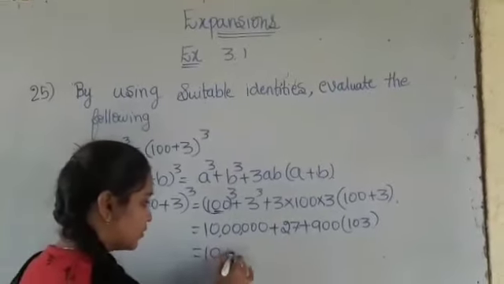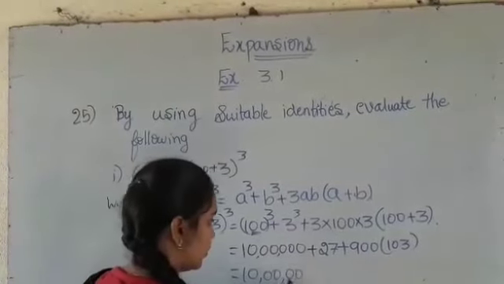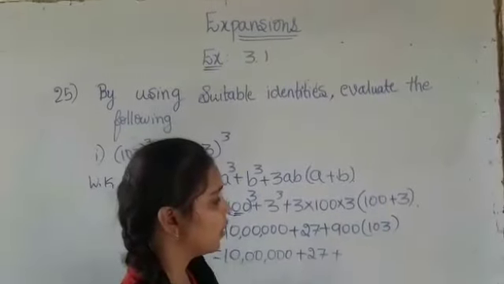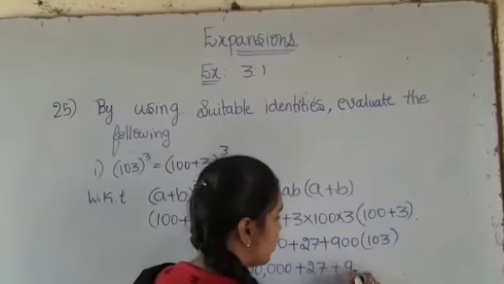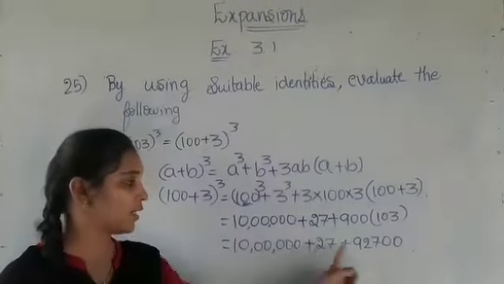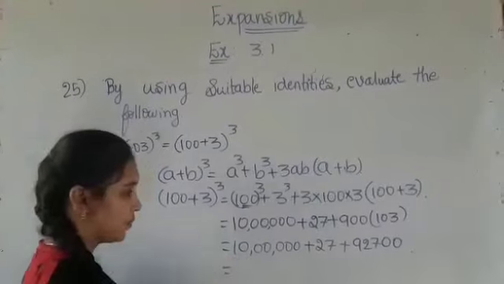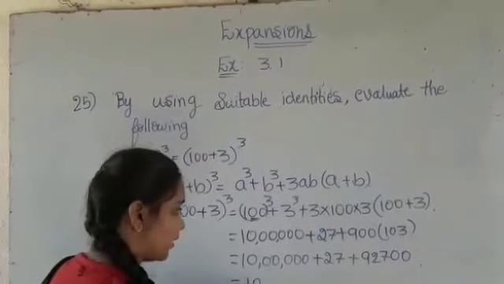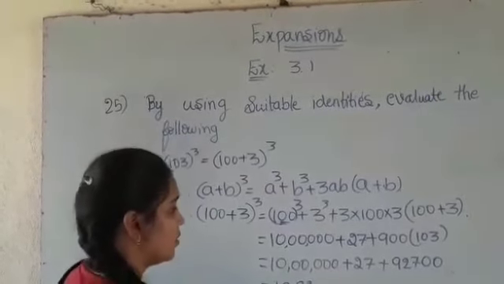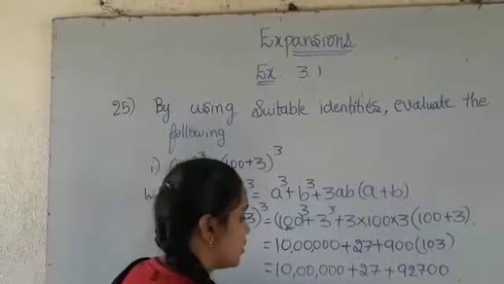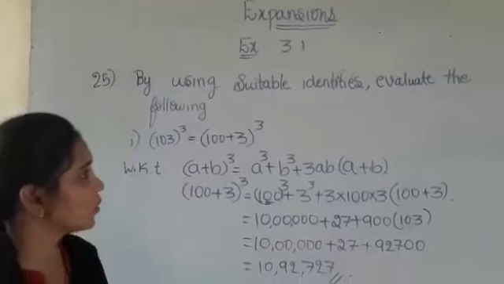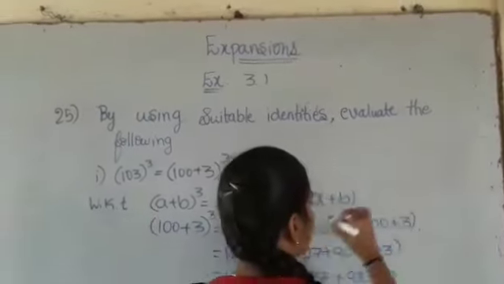So 10 lakh plus 27. What is 900 into 103? That is 92,700. Thus by adding all these values we will get 10 lakh 92,727 as the answer.